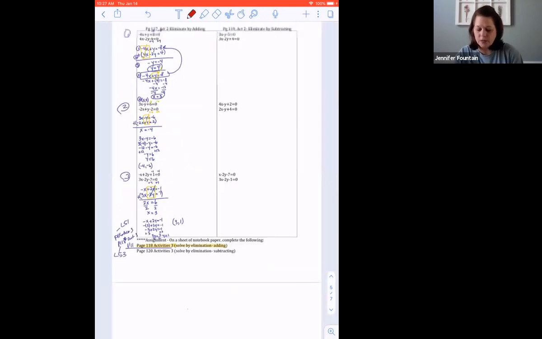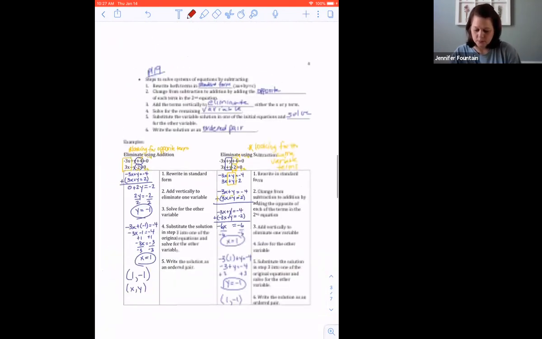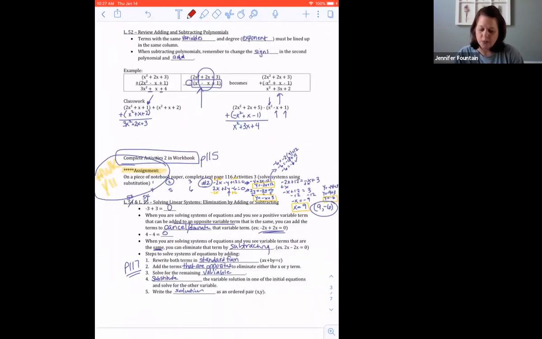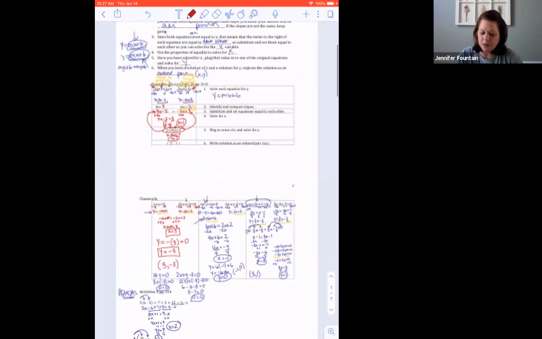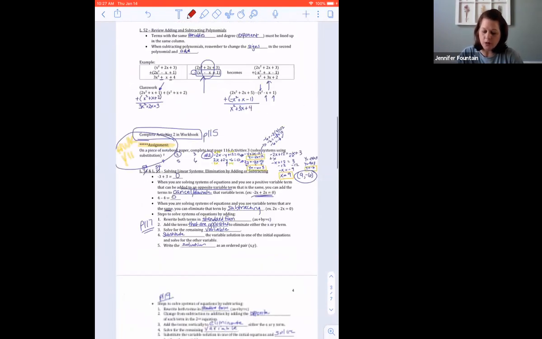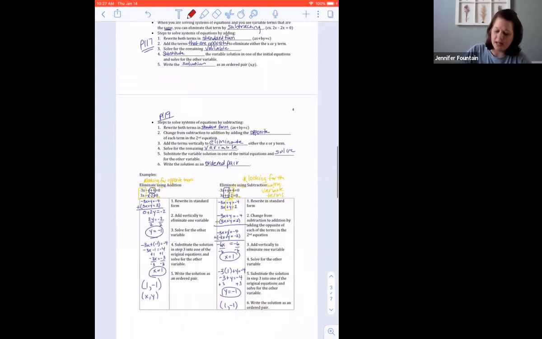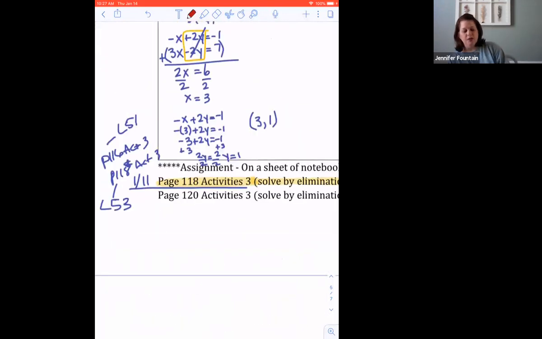Alrighty, so quick review. We started out, we did our review of adding and subtracting polynomials. And then for our homework, I went ahead and combined it all right here. So we had lesson 51, page 116, activities 3.